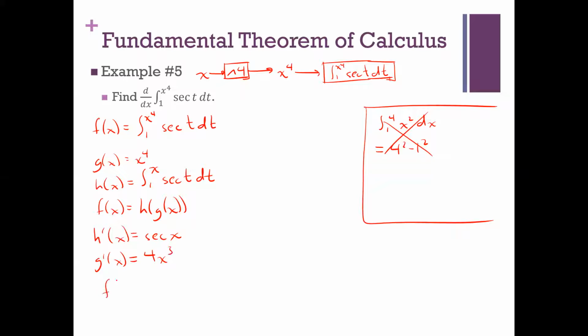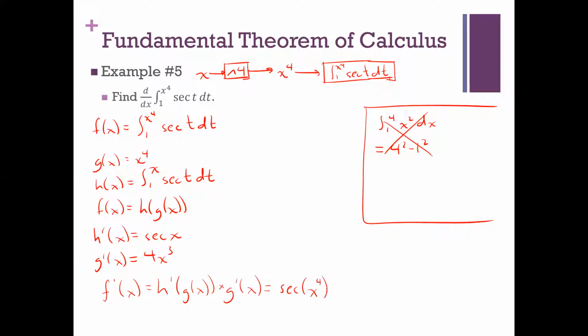So then if we want to build up the derivative of f, we need h prime of g of x times g prime of x. h prime of x is secant of x, but I want to evaluate it at g of x, so that'll be secant of x to the 4th.